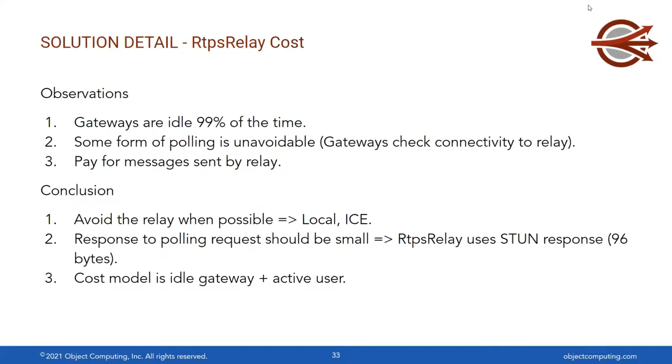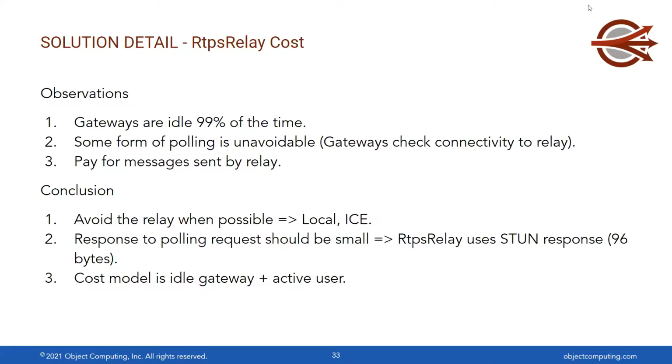Let's move on. So just some observations about relaying traffic in general. Gateways are idle 99% of the time. They're not used that much. The second observation is that some form of polling is unavoidable. That is, gateways are going to check their connectivity to the relay, and if that connectivity check fails, they have to do something else.